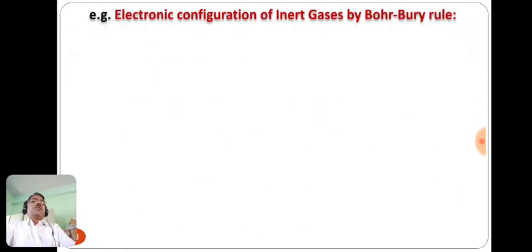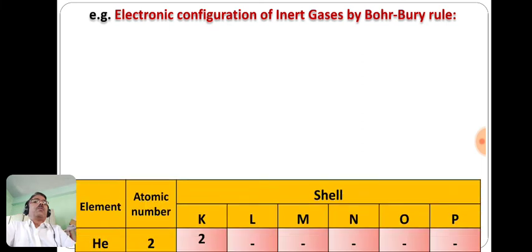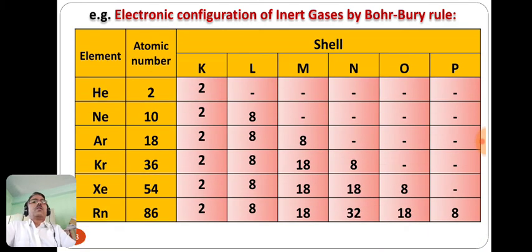Now let's see the examples of electronic configuration of inert gases by the Bohr-Bury rule. These are shown here. The inert gas elements are helium, neon, argon, krypton, xenon and radon. Their atomic numbers are 2, 10, 18, 36, 54 and 86 respectively.